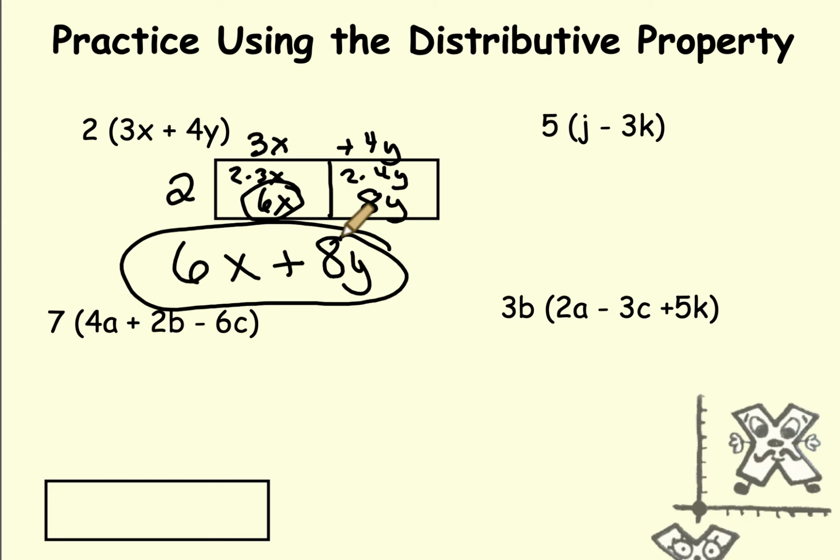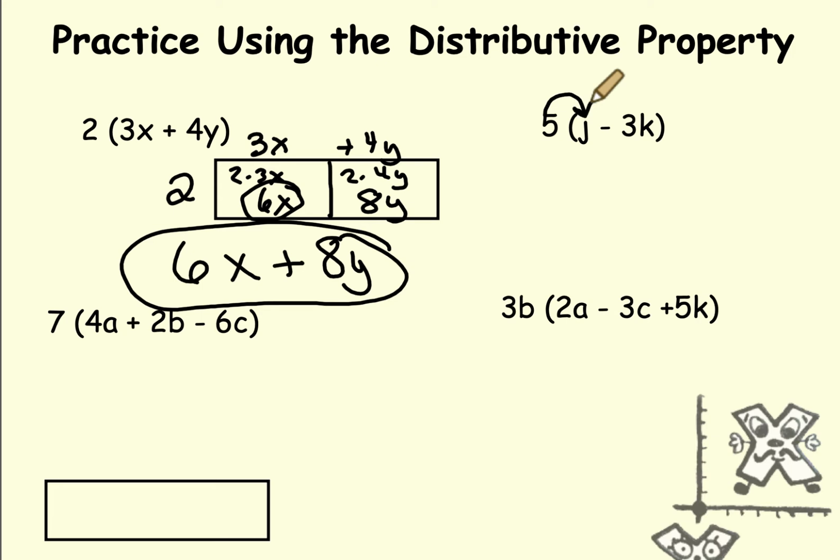Now, do I have to use a box every time? No. If you want, you don't have to use it. Another thing that I see some students do, which a lot of teachers do as well, is they use some lines to help students remember how to distribute. If the factor you're distributing is on the left, then you distribute to the right.